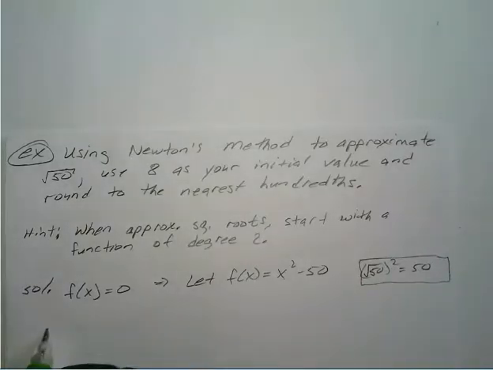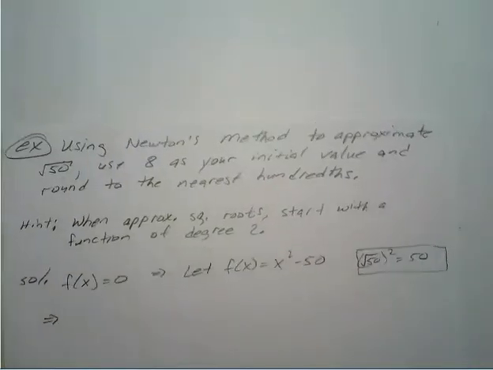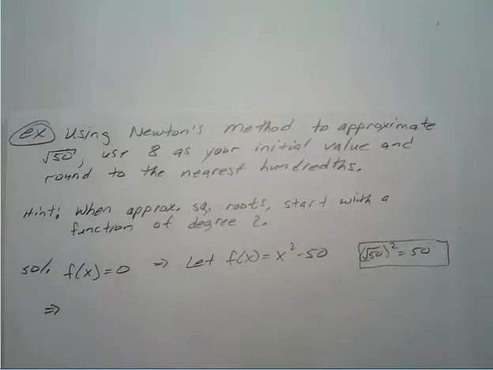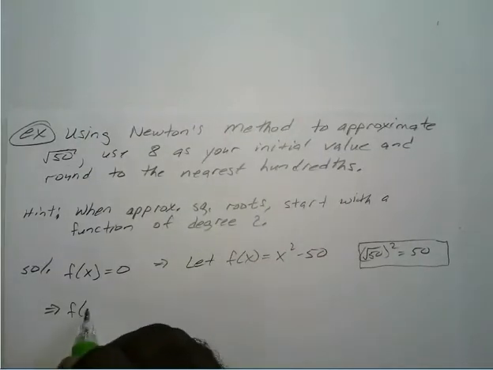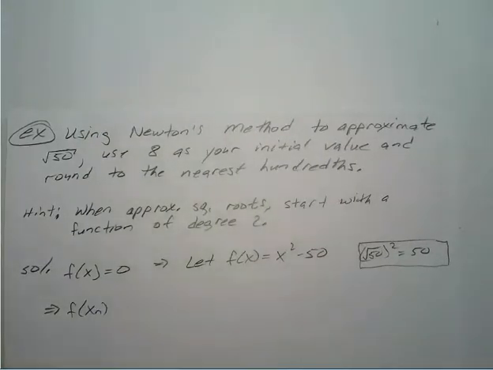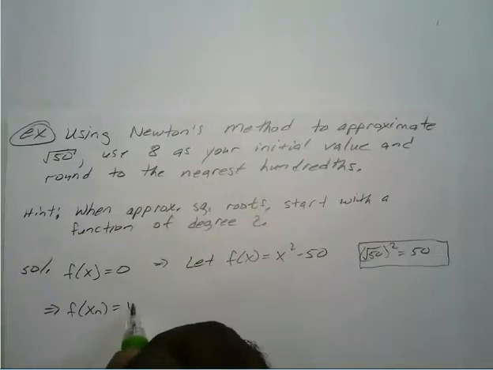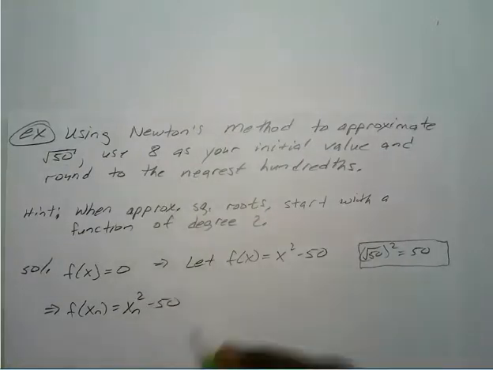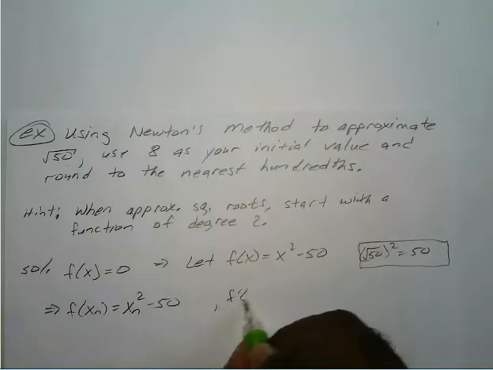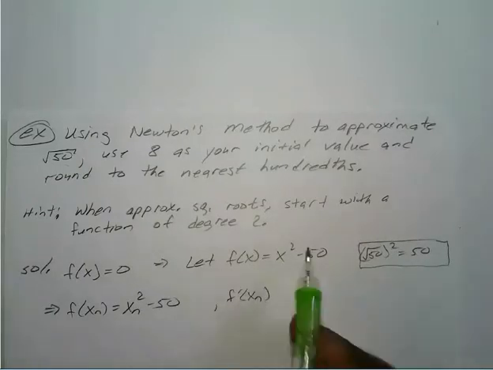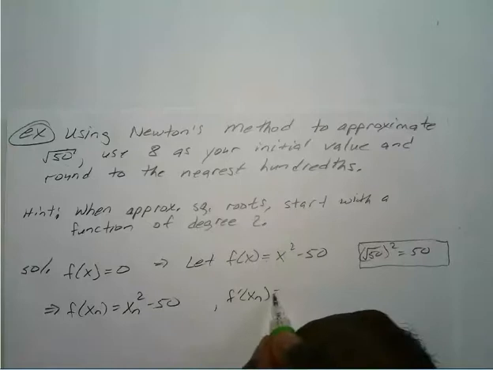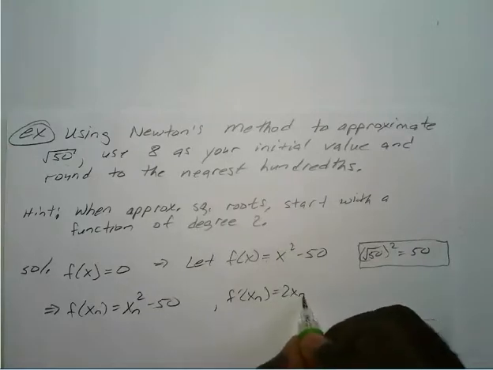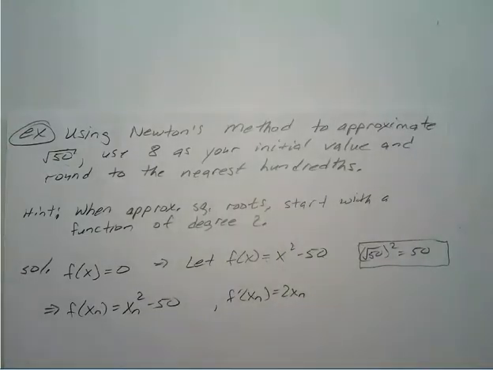Alright, so using our same approach that we used before, we have our f of x sub n, which is x sub n squared minus 50, and our f prime of x sub n, which is 2x sub n, and that 50 just turns into 0 because the derivative of a constant is always going to be 0.